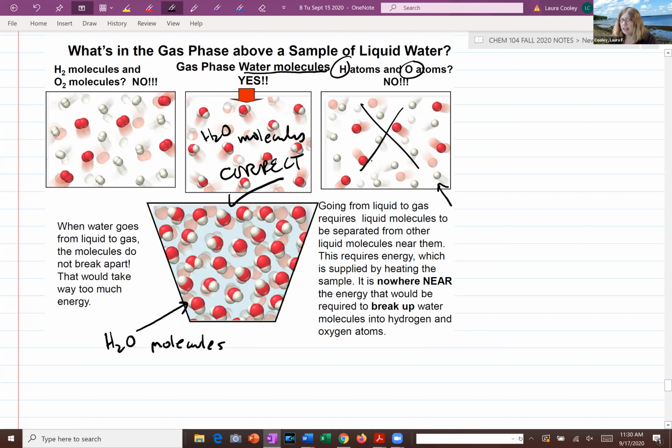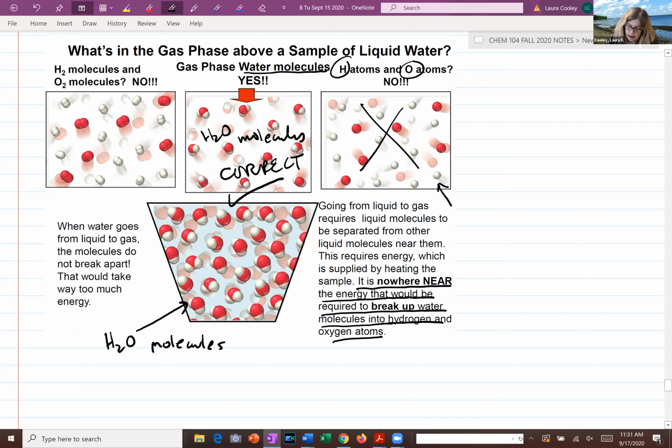In order to break those water molecules apart into hydrogen atoms and oxygen atoms, you'd have to supply way more energy than what these molecules have in terms of their motion energy, so they could occasionally escape into the gas phase. It's nowhere near the energy that would be required to break up water molecules into these atoms.